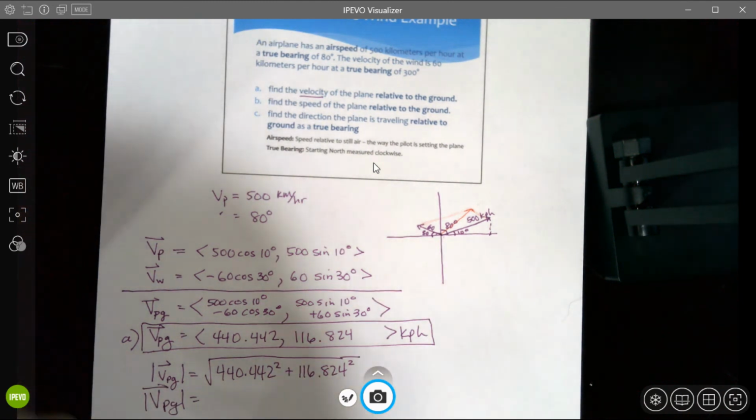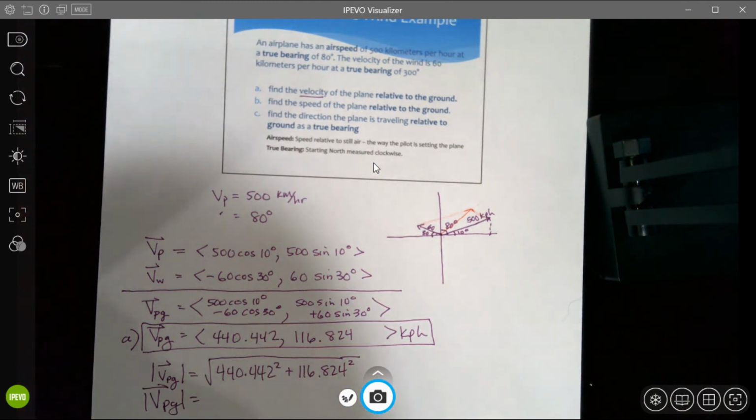By just doing it. I'm going to use the stored numbers in my calculator. So I'm squaring the previous answer that I got, and then I'm adding that to the even previous answer that I got, and the square of that too.